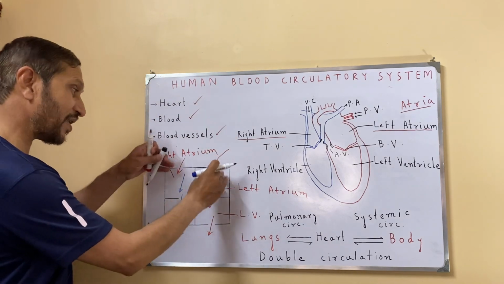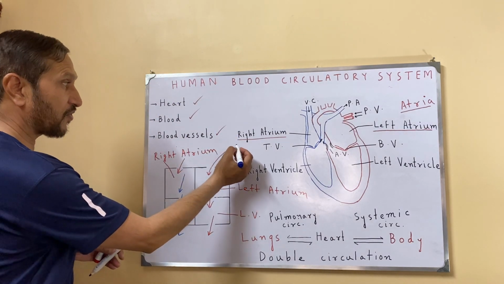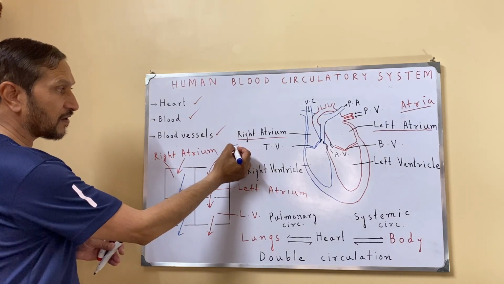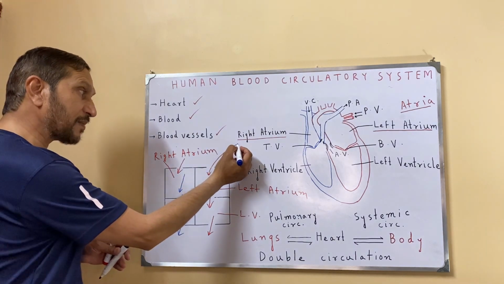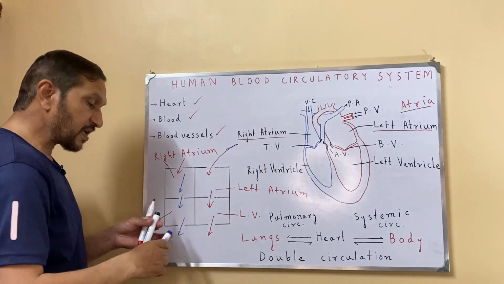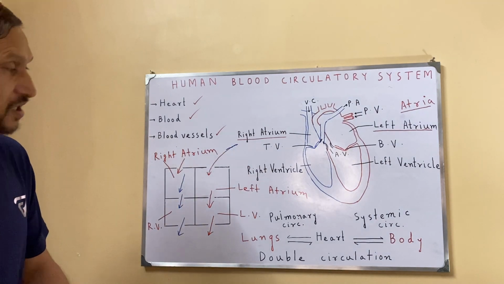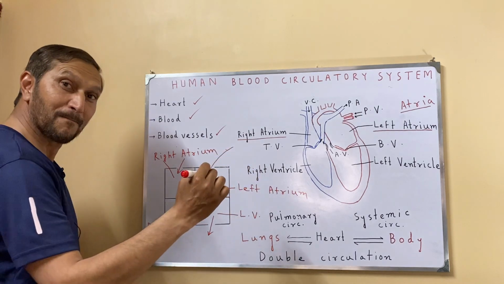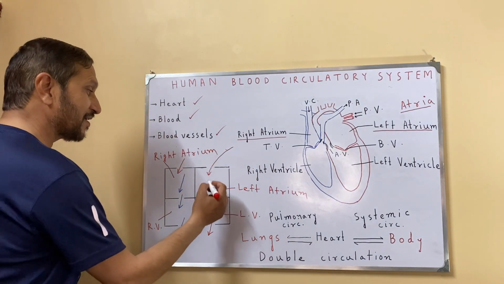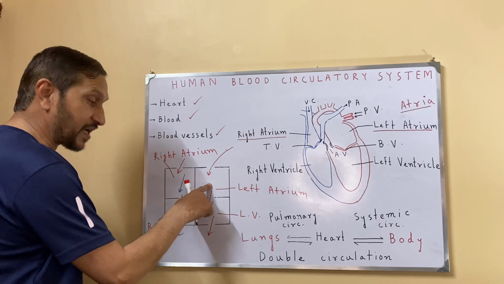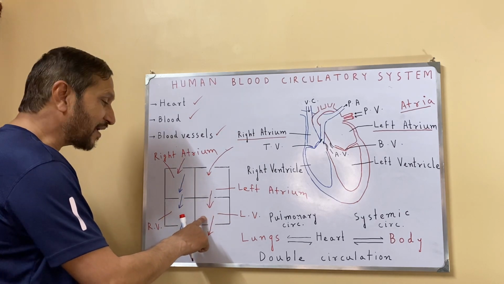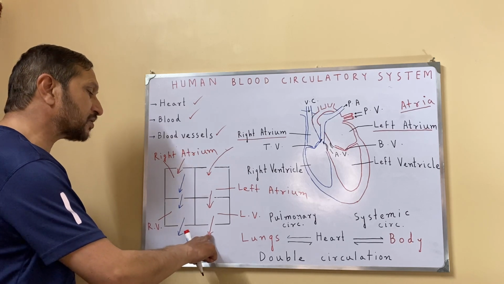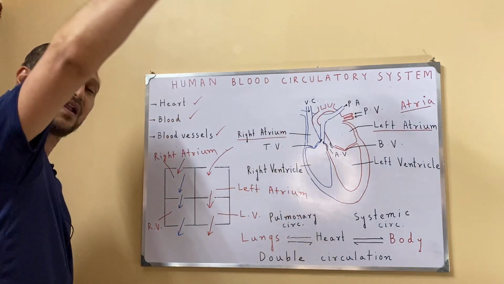So in this way, from the body, and from the lungs, oxygenated blood is coming through the pulmonary vein to the left atrium, and then to the left ventricle, and the left ventricle will contract and supply the blood through the aorta and through arteries to all of the body.